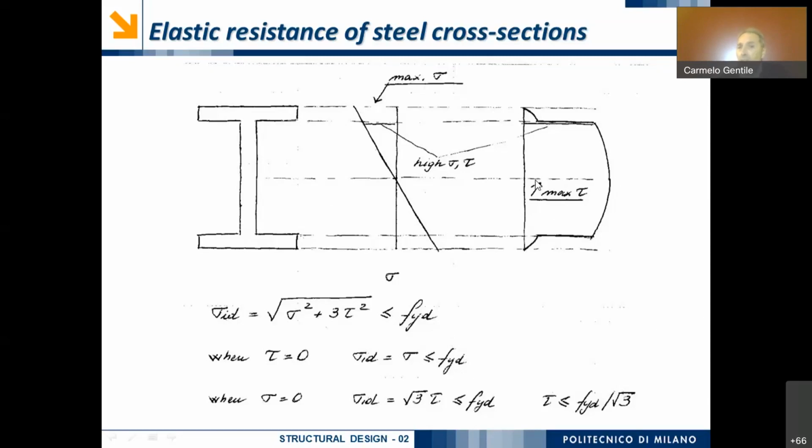When we are in this position along the center, of course, in this formula we will have that sigma equal to 0. So square root of 3 times tau squared should be less than or equal to Fy, and this means that square root of 3 times tau should be not larger than Fy.